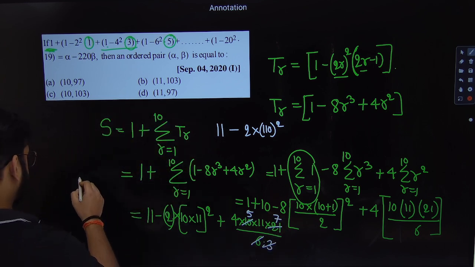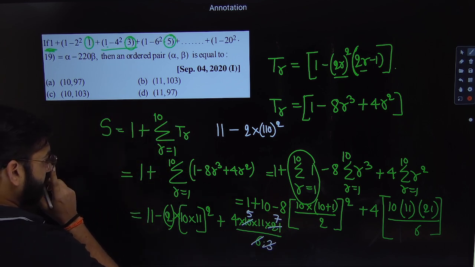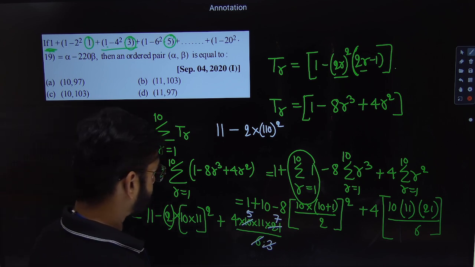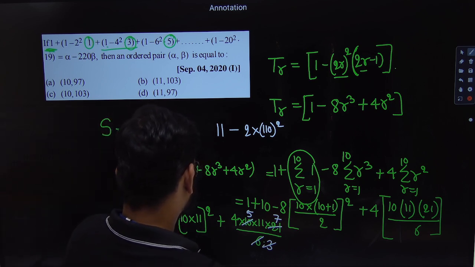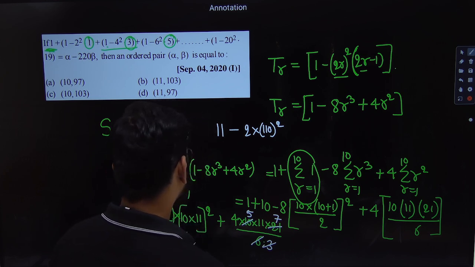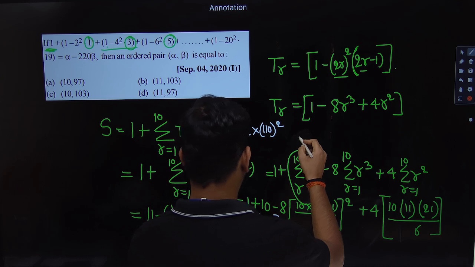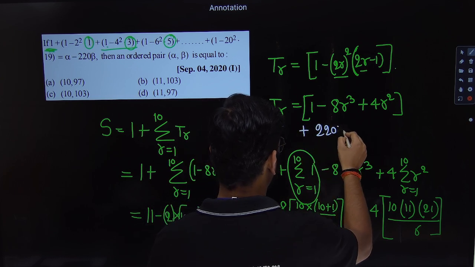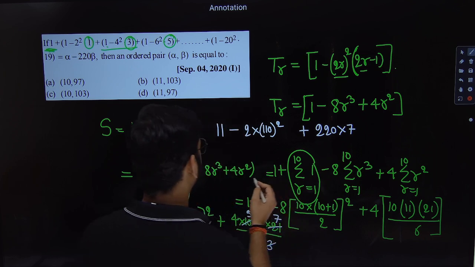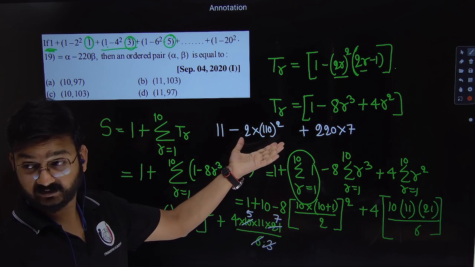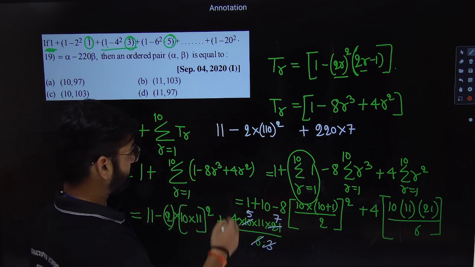So 4 5s are 20, 20 into 11 is 220. So 220 into 7. Don't start solving this, that is a mistake you can make. Rearrange the terms.